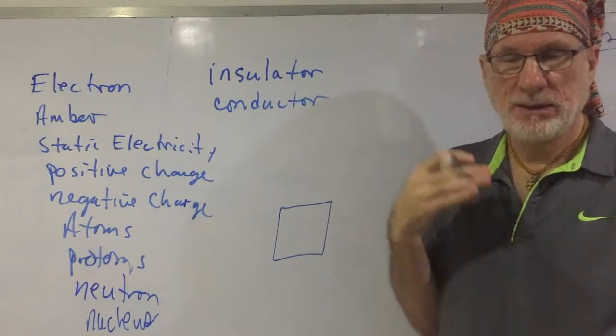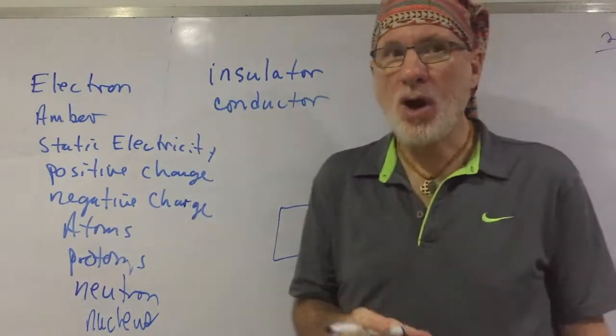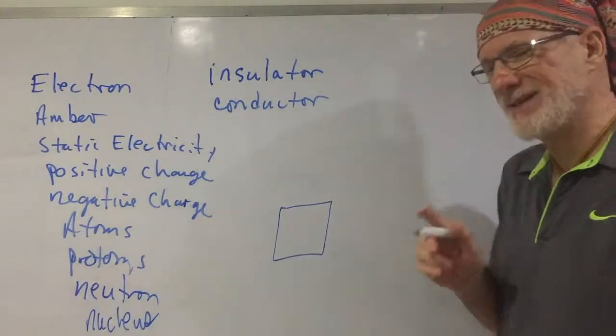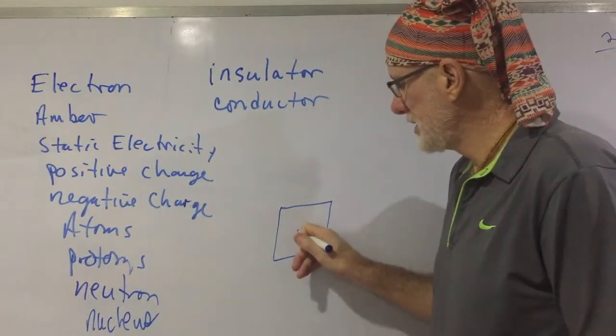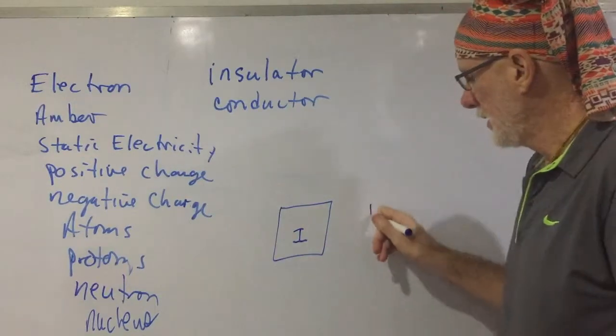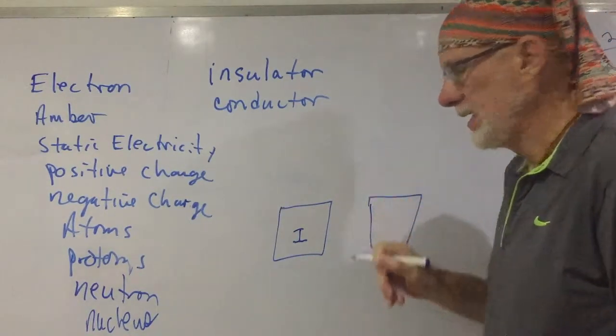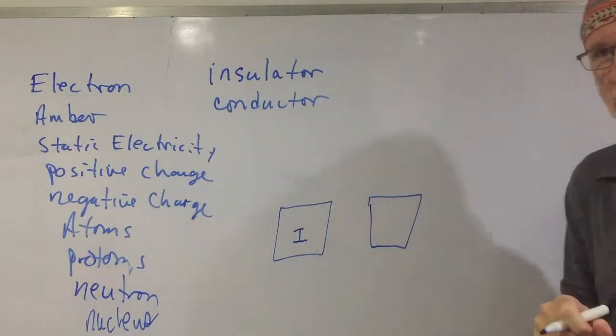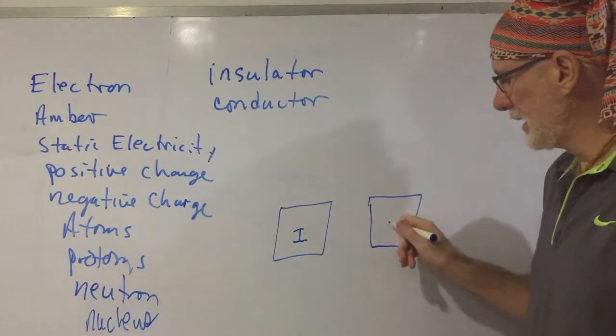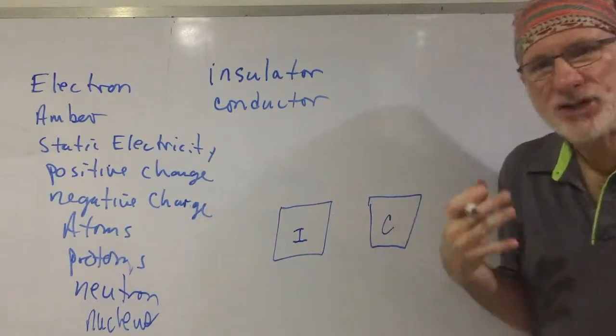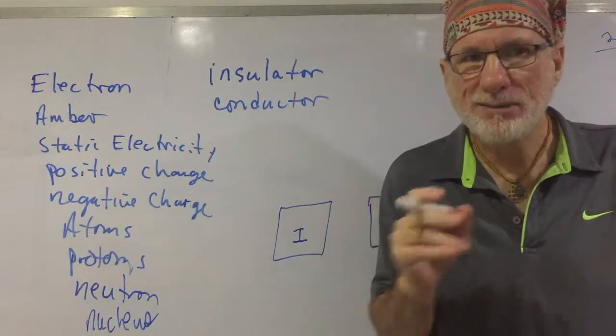Now, this is an insulator, right? Let's say this is a conductor. Now, in a conductor, you can have a charge build up as well, right?